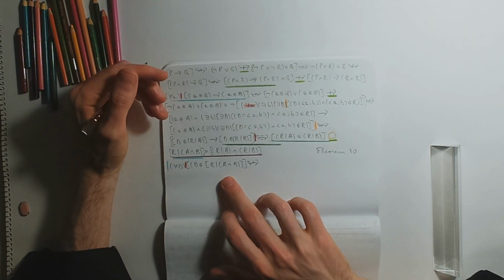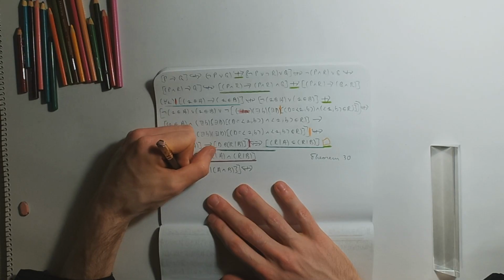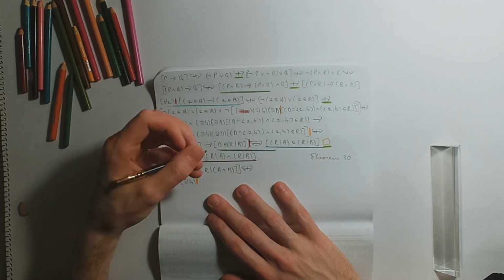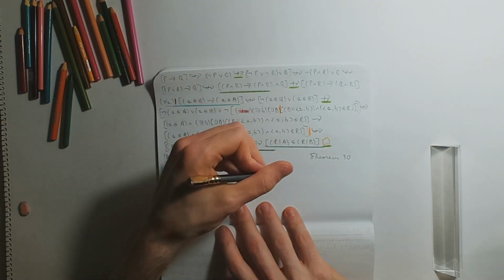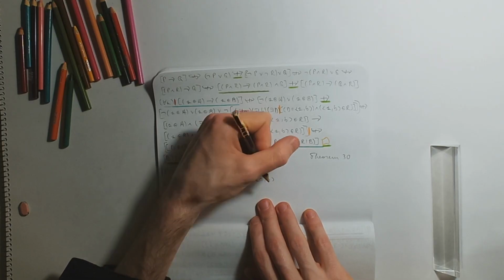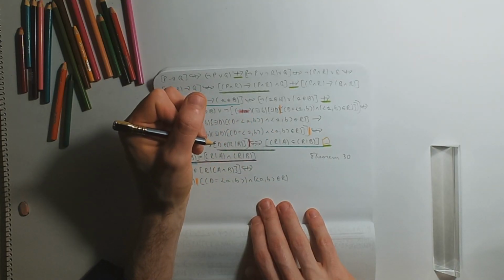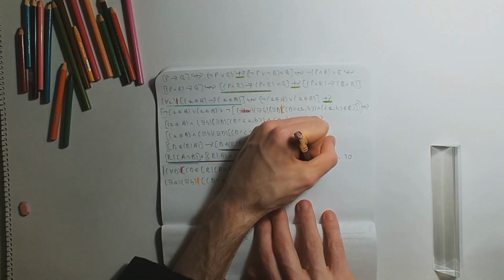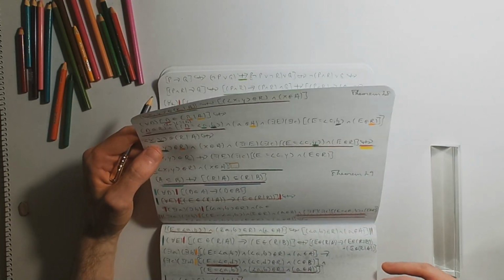Anyway, D is an element of this set if and only if there exists an A and there exists a B such that D equals the ordered pair AB, and the ordered pair AB is an element of R, and A is an element of A intersection B. Did I get that right?